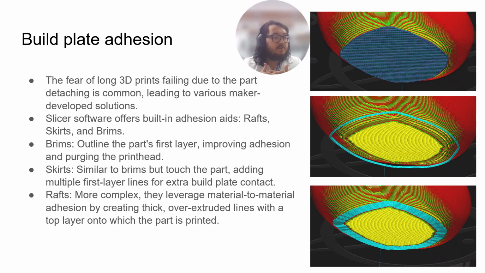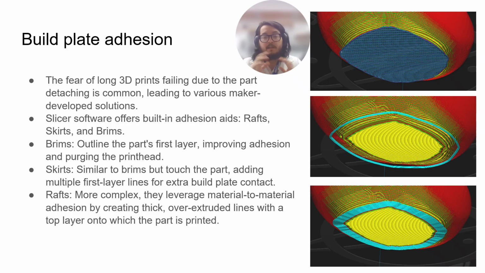Back in the day, we would use tricks like painter's tape, glue sticks, and hairspray, things like that, to make our surfaces easier to stick to. Nowadays we have removable plates with customized structures that can create this very nice adhesion with our parts.